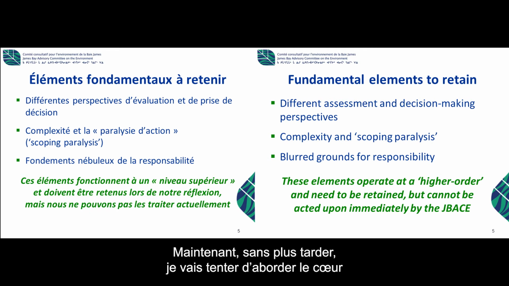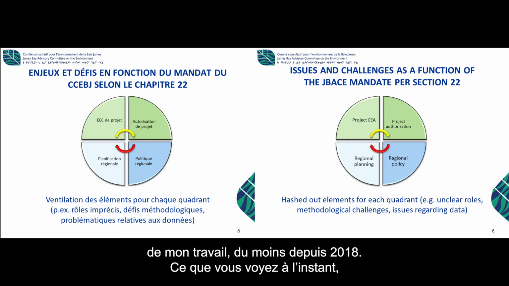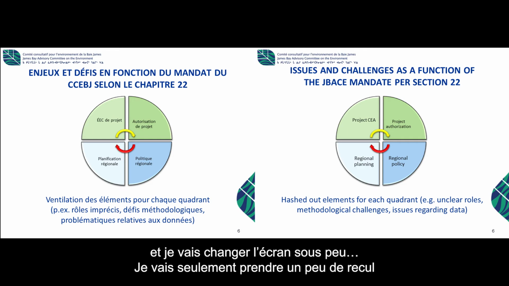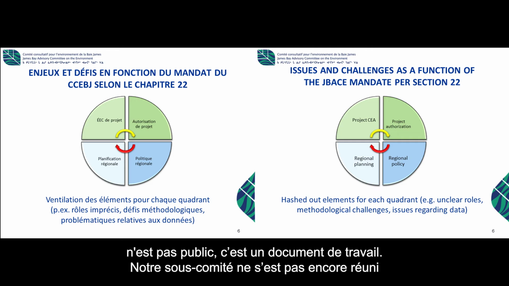Now, without further ado, I'm going to try to get to the fruit of my work, at least since 2018. What you're seeing here, and I'm going to change the screen shortly, I'm just going to take a step back and mention that the document that my presentation is based on is currently not public. It's a working document.